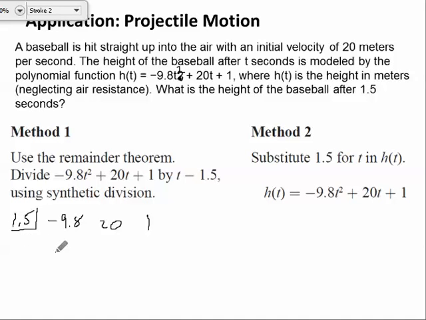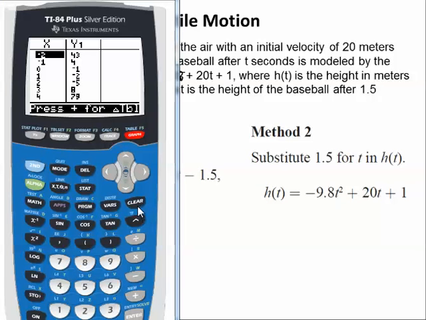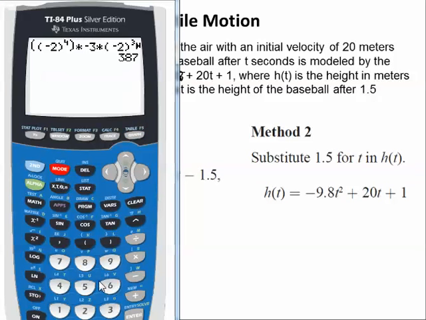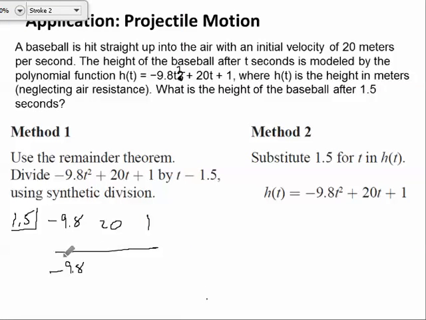1.5 is going to be divided into negative 9.8, 20, and 1. So, draw our line, negative 9.8. Negative 9.8 times 1.5. Let me work that out. 9.8 times 1.5 gives me 14.7. So when I multiply these together, I get negative 14.7.